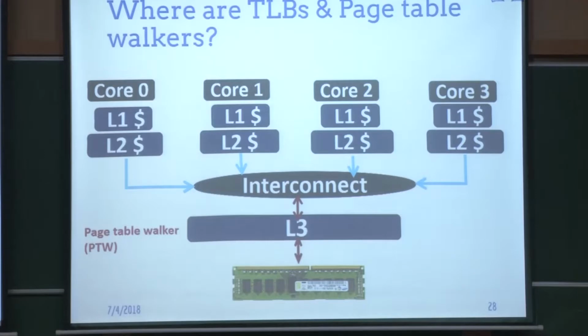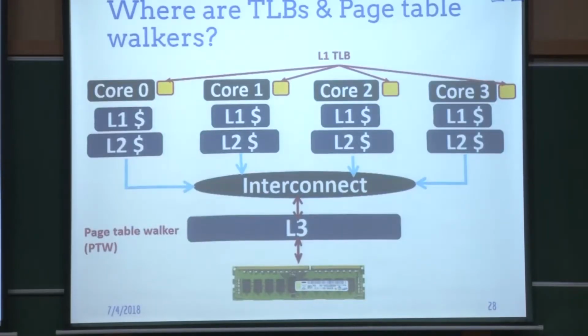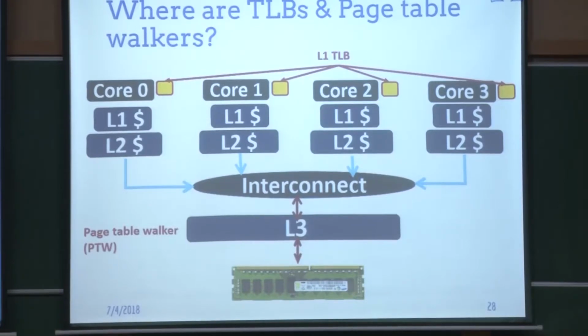You have multiple cores, you have L1, L2 caches, and so on. Generally there are multiple levels of TLBs, just like multiple levels of caches, for the same reason: initially you want the TLB access to be fast because you are doing it on every load and store, but at the same time you also want capacity.